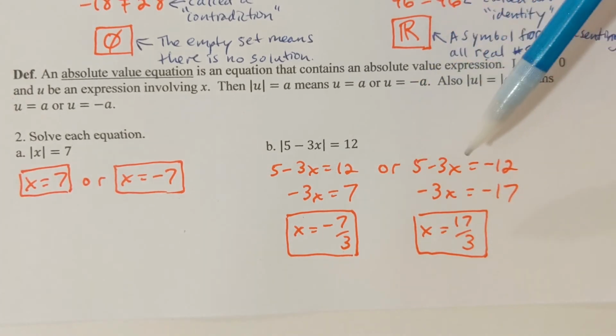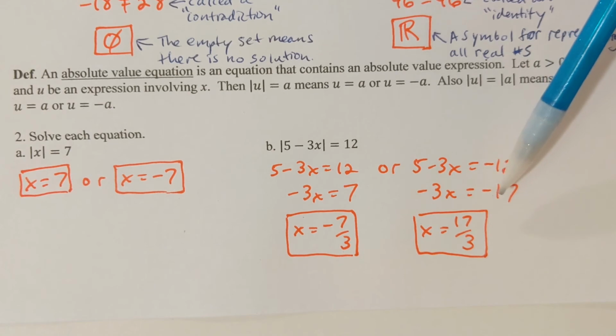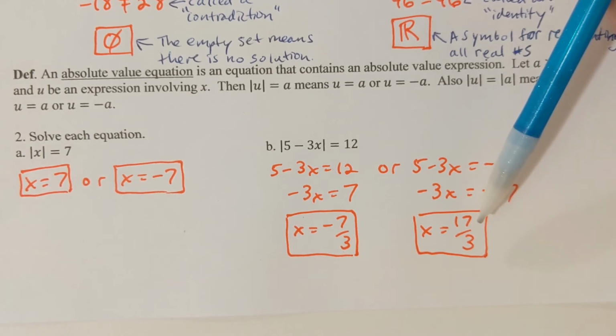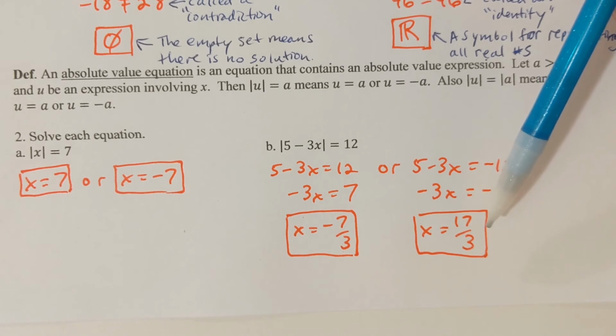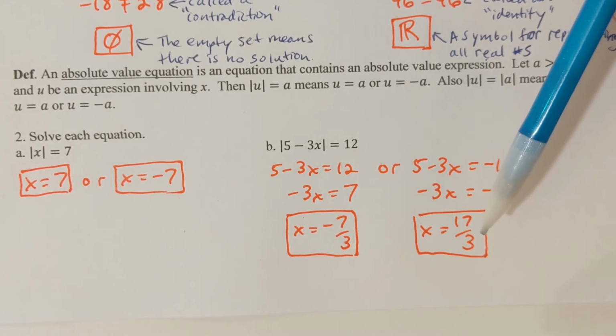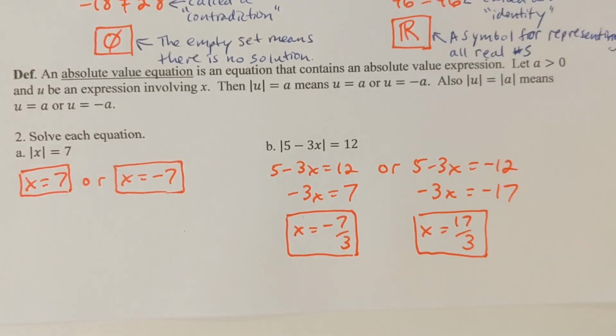That's one answer. And then over here, subtract 5 and divide by negative 3. Negative over negative is positive. And so x equals 17/3, that'd be the other answer. Okay? And like what I was saying before, make sure that you're giving the answers in exact form. You don't need anything in decimal form or be doing anything with a calculator in this.